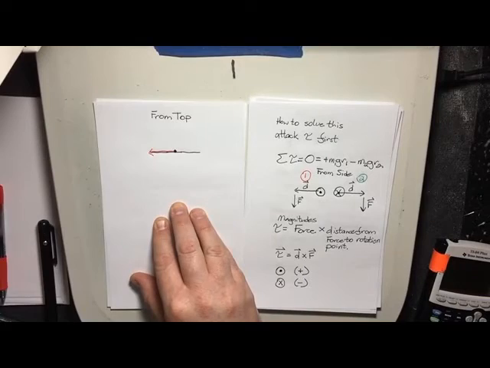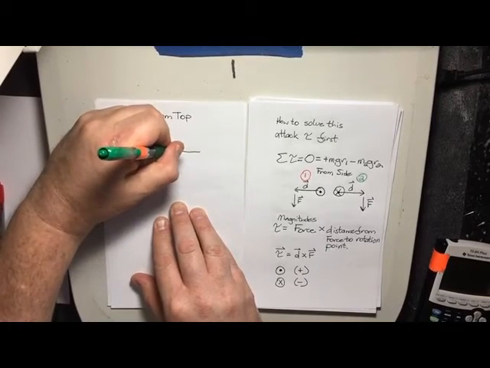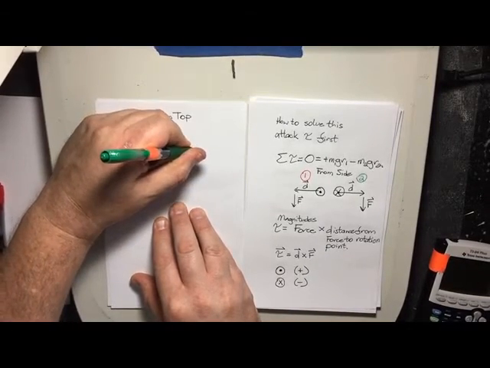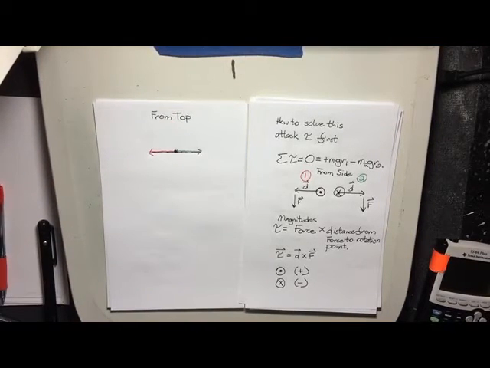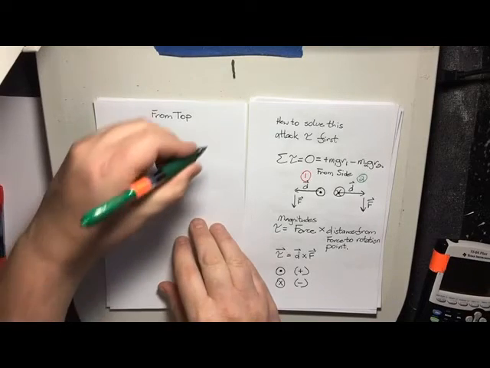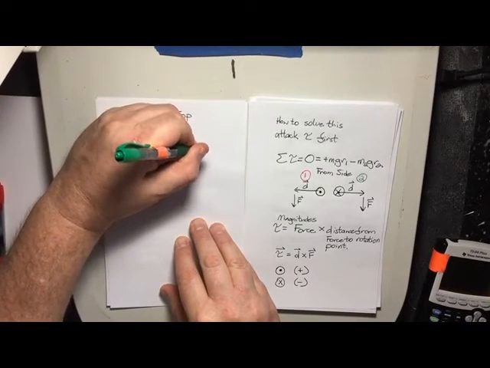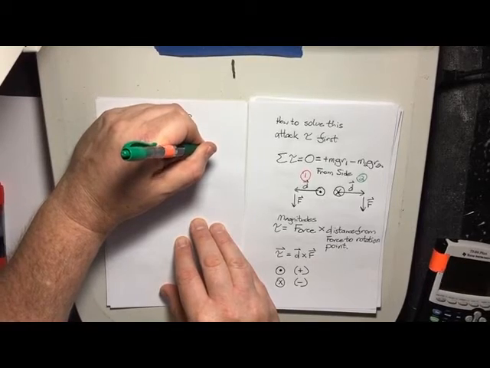The second vector, its distance vector is like this. Now, if you're looking at it from the top, in both situations, that force vector is into the page.